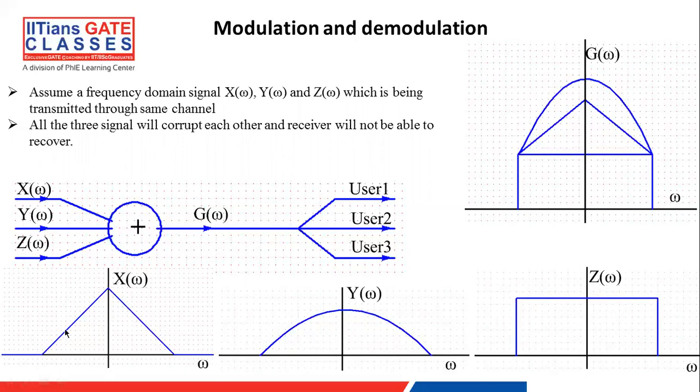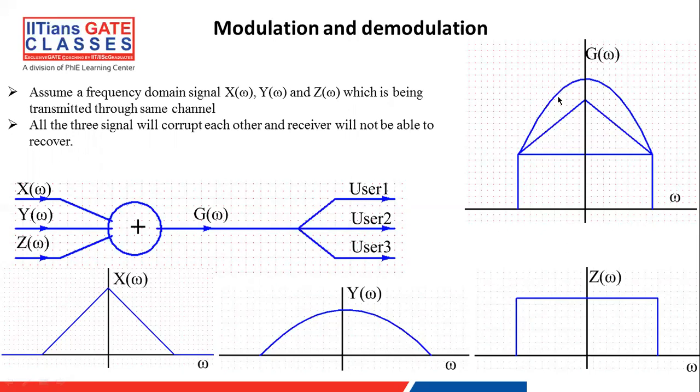Now I want all of these signals to be transmitted through the same channel. So it means that I have to add all of them and send them through the same channel. Once I add all of them, it will look like this, right? Once they reach the receiver for user 1, the receiver will receive this signal.